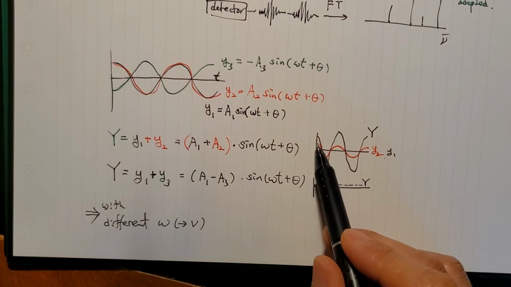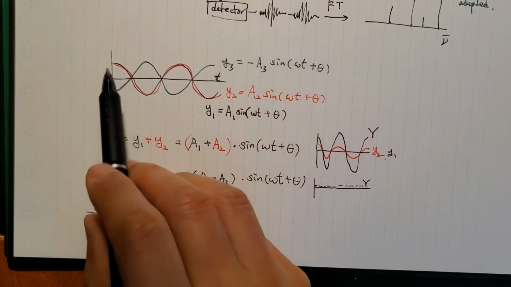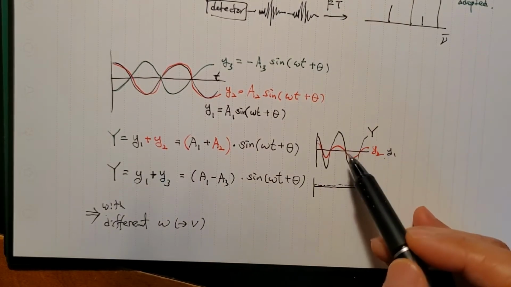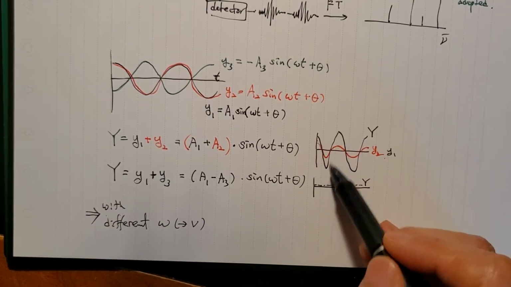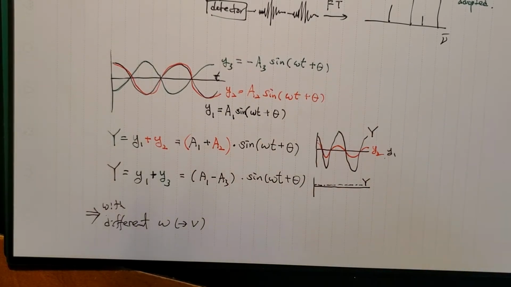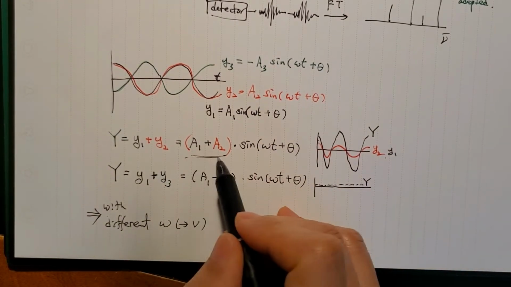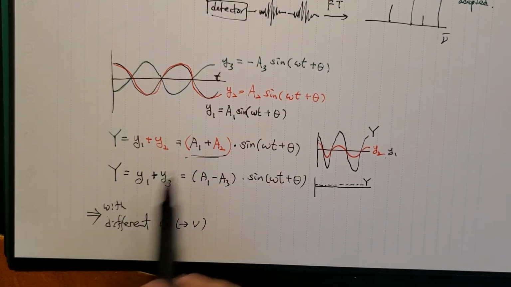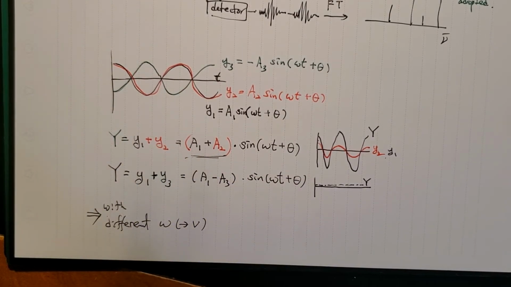So if this is y1 and y2, basically they are the same thing, right? Then the outcome will have the same frequency but twice the intensity. If they are the same intensity, twice, but if they have a different intensity, simply add them up.